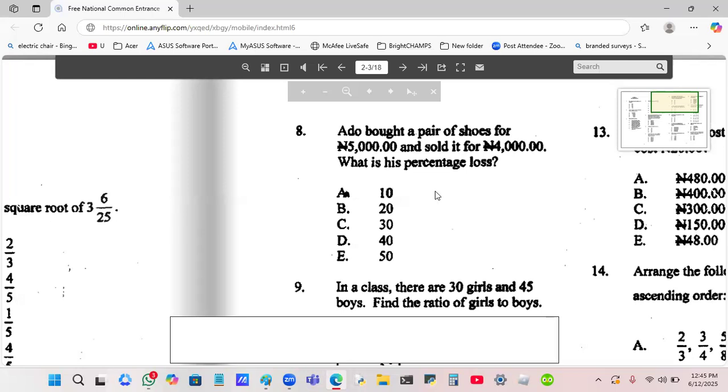Then I'll cross out the zeros, and then 5 goes into 100 20 times.